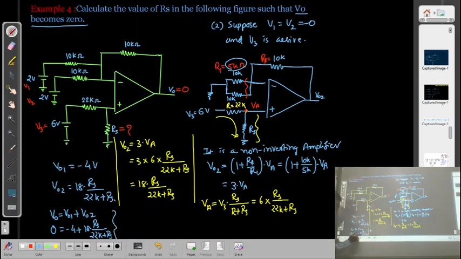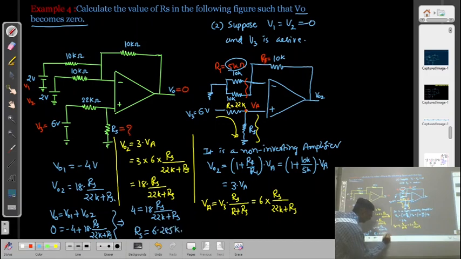And from this we can write that 4 is equal to 18 RS divided by 22K plus RS. And if you solve this, then RS comes out to be 6.285 kilo. This is your answer.